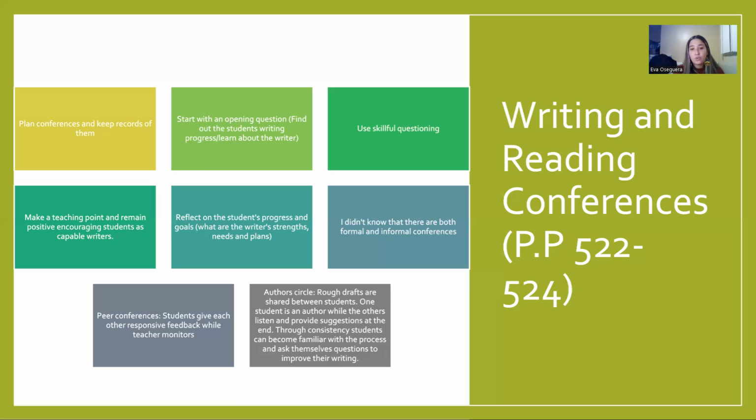One student is an author while the others listen and provide suggestions at the end. Through consistency, students can become familiar with the process and ask themselves questions to improve their writing. I love the idea of collaboration, of empowering among students, of them taking on that role of being able to show ownership over their writing and helping their peers as well.